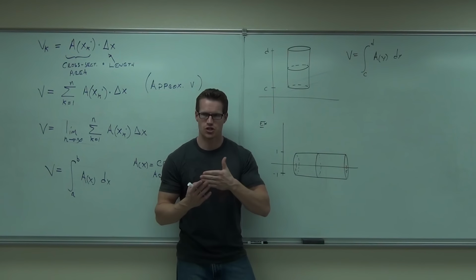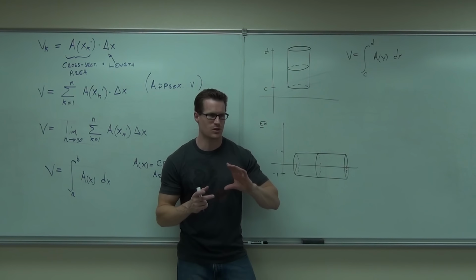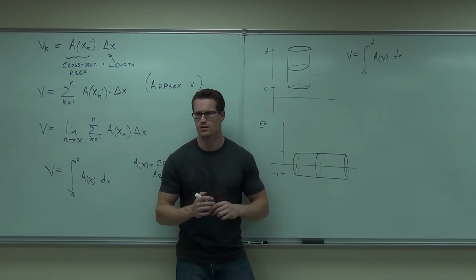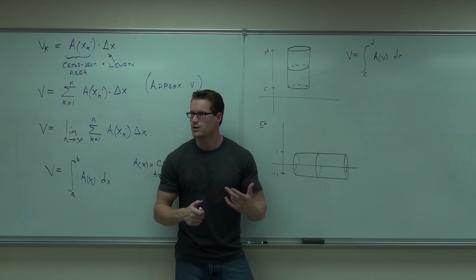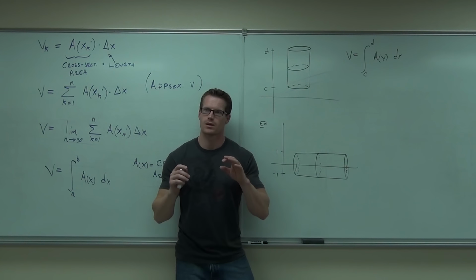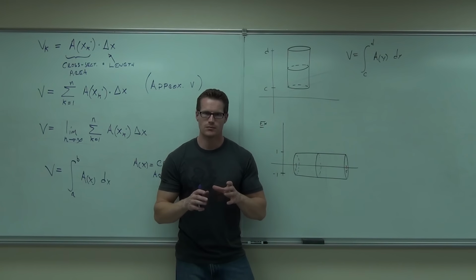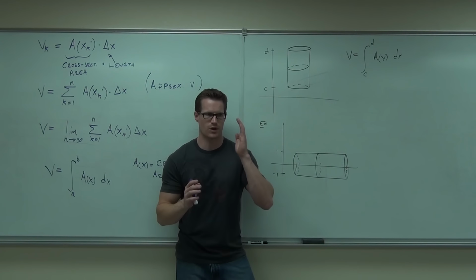Does the function ever change? No. It's a uniform function the whole way, okay? It's going to be a uniform cross-sectional area the whole way through. So what we know is that the volume is going to be the integral of the cross-sectional area from where the function starts to where the function stops.